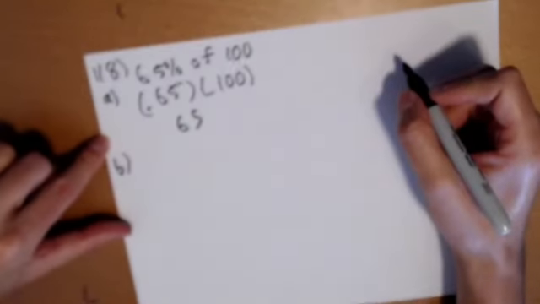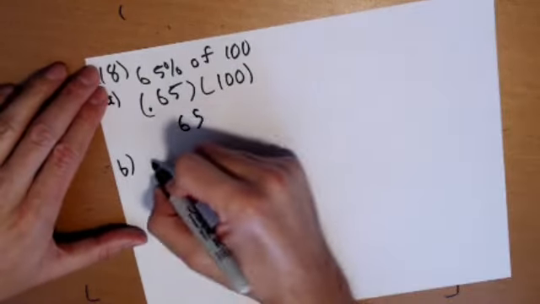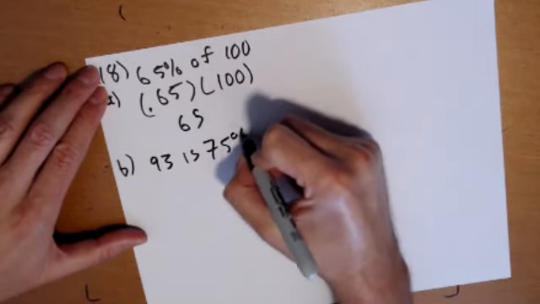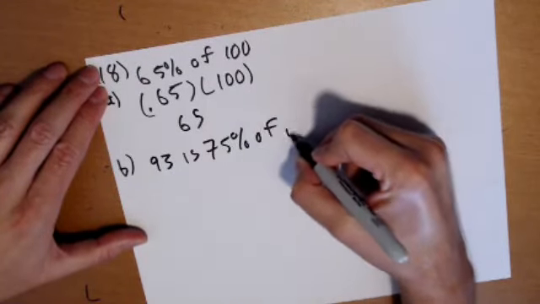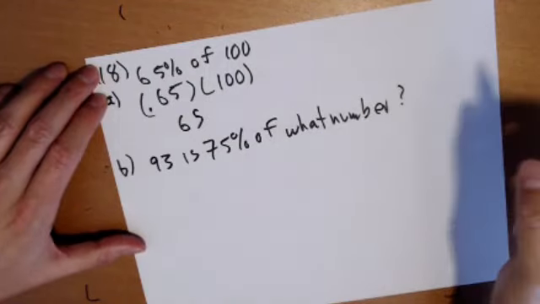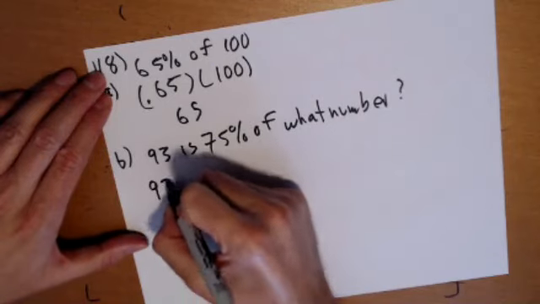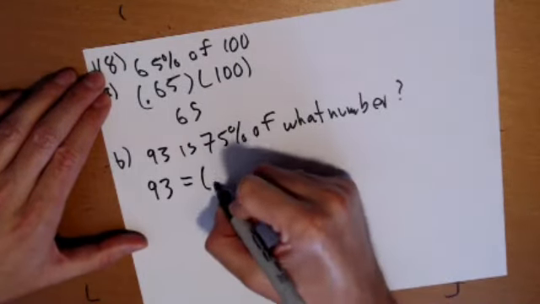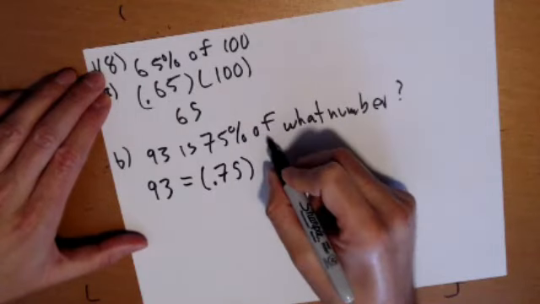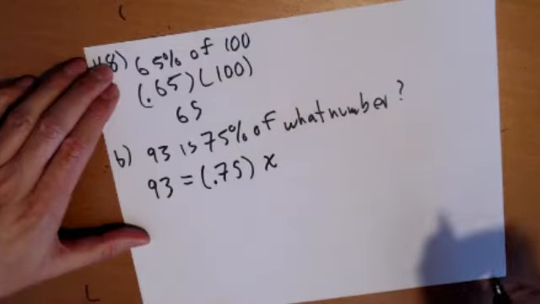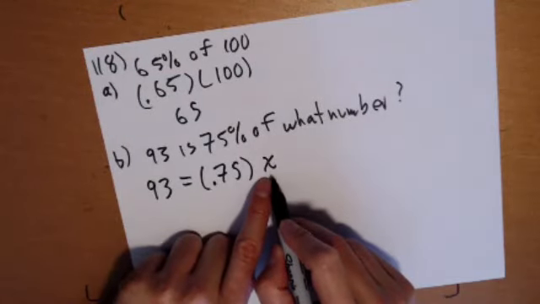Part B, 93 is 75% of what number? Okay, so 93 is equal to 75%, 0.75 of, right, times what number? What number? X. So we're trying to get X alone.